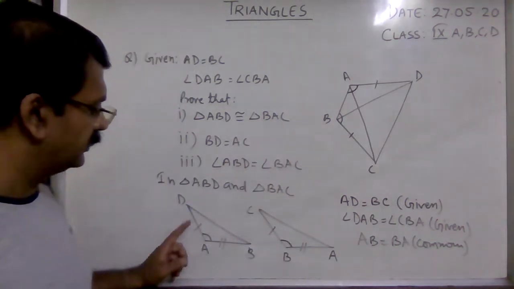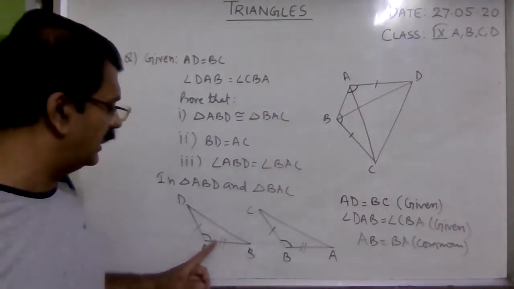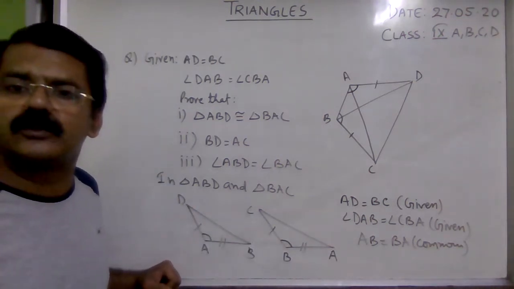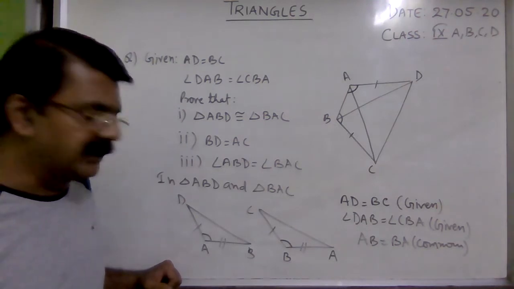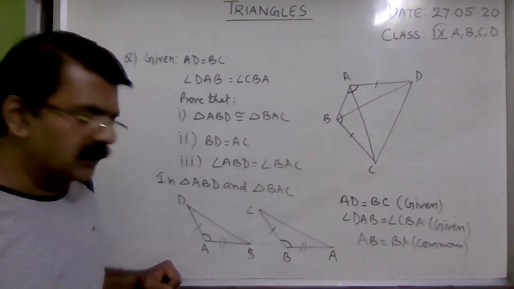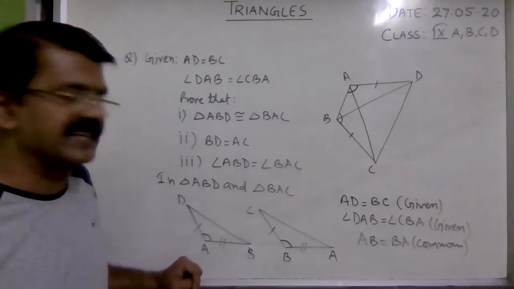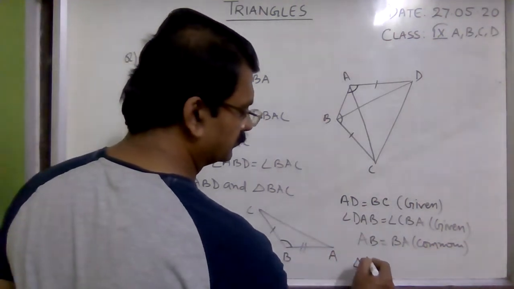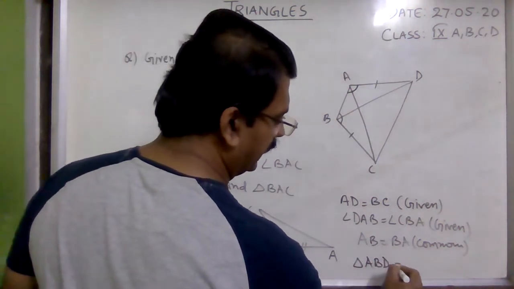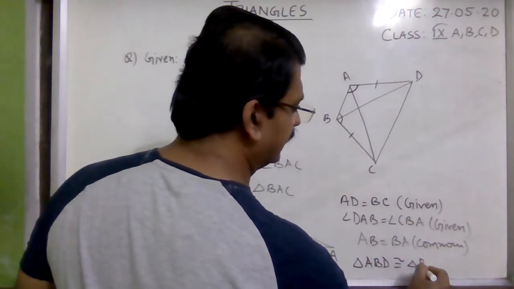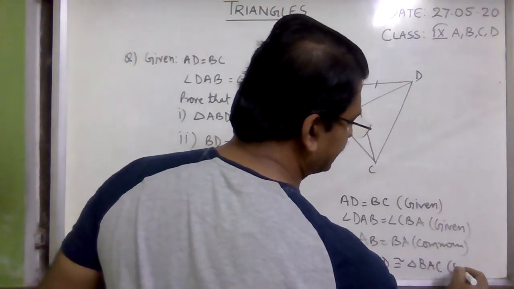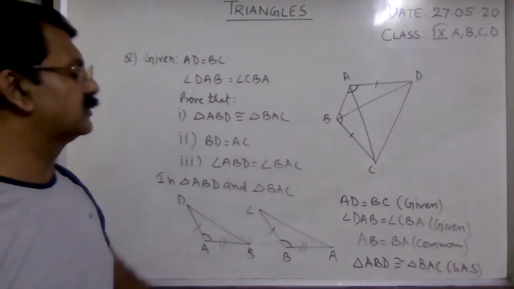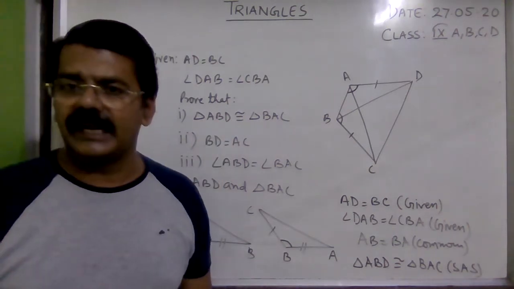So now you see two corresponding sides are equal, and the included angle is also equal. So we can say that these two triangles are congruent by SAS congruency. So you write triangle ABD is congruent to triangle BAC by SAS congruency. So your first part is also proved.